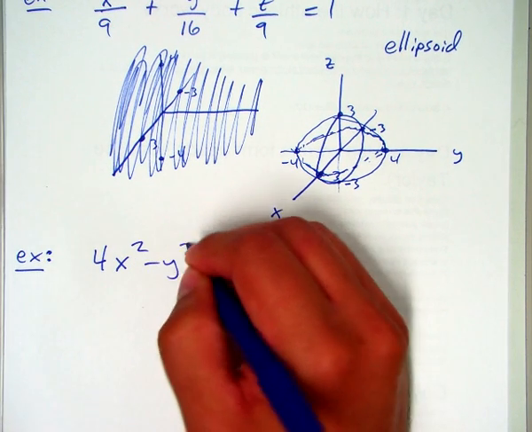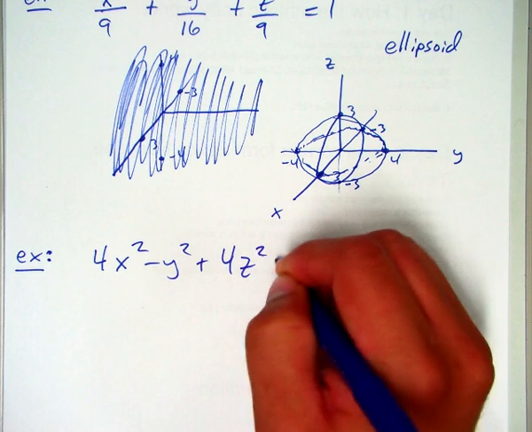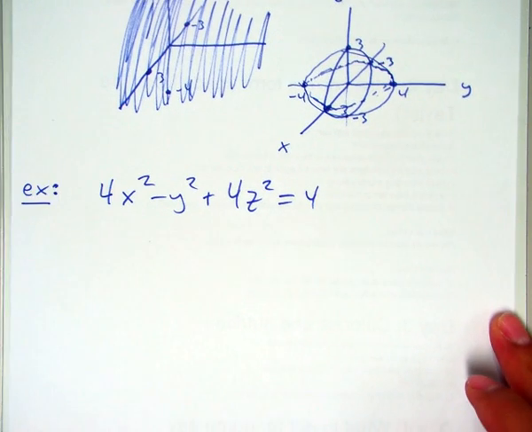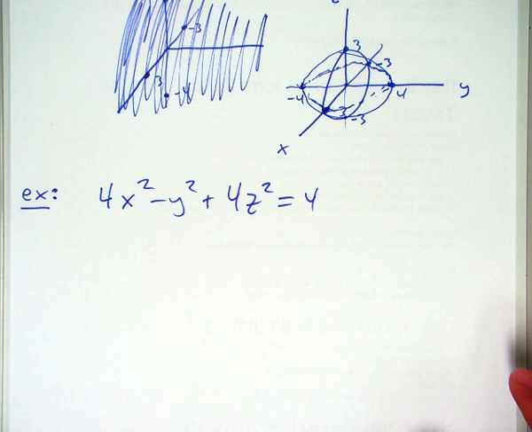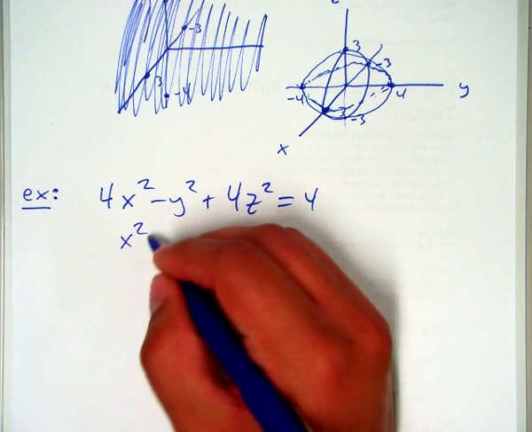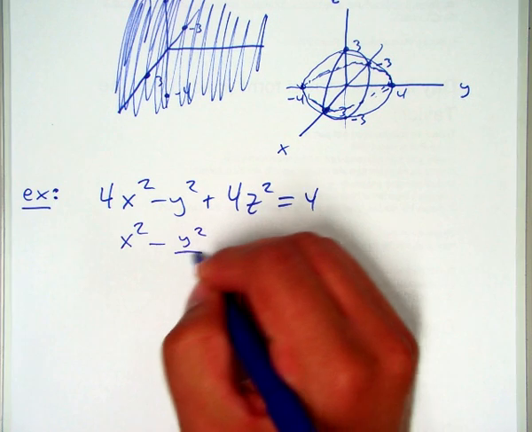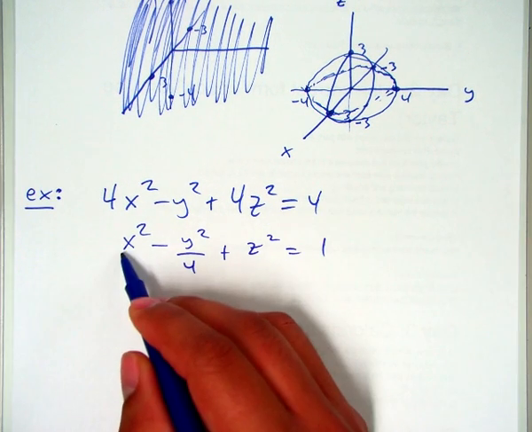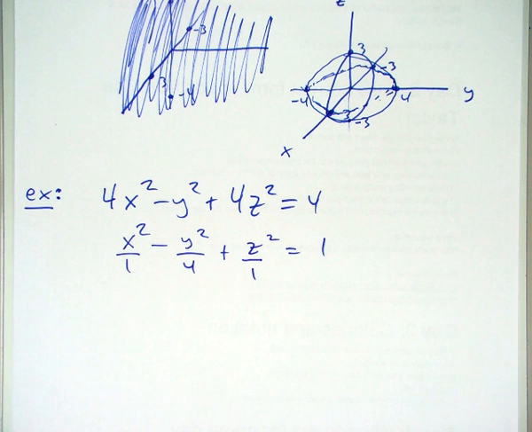So let's say we have 4x squared minus y squared plus 4z squared equals 4. Okay, so what are we looking for here? Well, if we divide everything by 4, and if we want to, I suppose we could put the over 1, right?